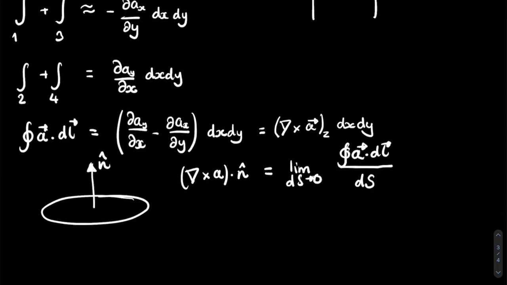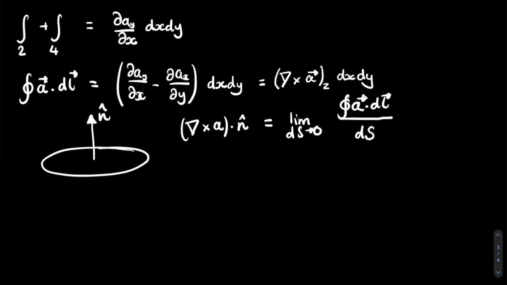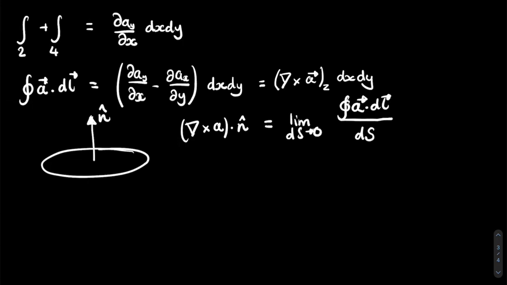And so all we now have to do is multiply both sides by dS. So let's go ahead and do that. We're going to get the curl of A, this time dot product with dS, because when we bring the dS up right here, it's going to be dS n hat. But more generally, we don't bother writing the n hat. We just write dS with a little vector sign pointing over.